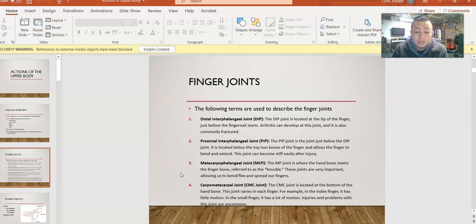The metacarpophalangeal joint, MCP, is where the hand and your finger meet, right here, all right? And the carpometacarpal joint, the CMC joint, is located at the bottom of the hand bone, okay?